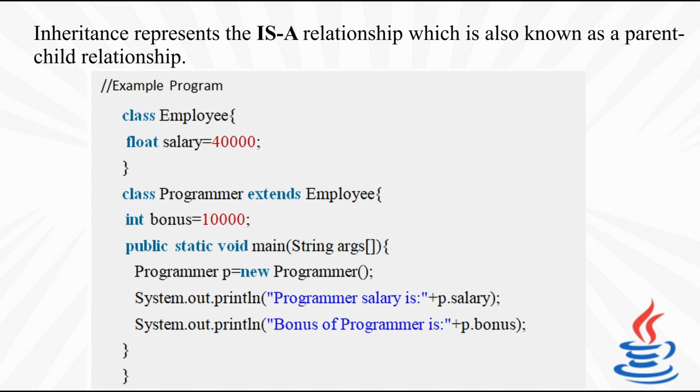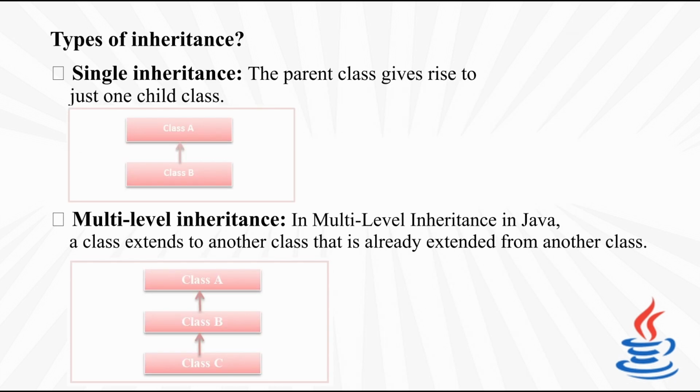It will give an output of programmer salary is 40,000 and bonus of programmer is 10,000. In the above example, the Programmer object can access the fields of its own class as well as of the Employee class. That means code reusability.